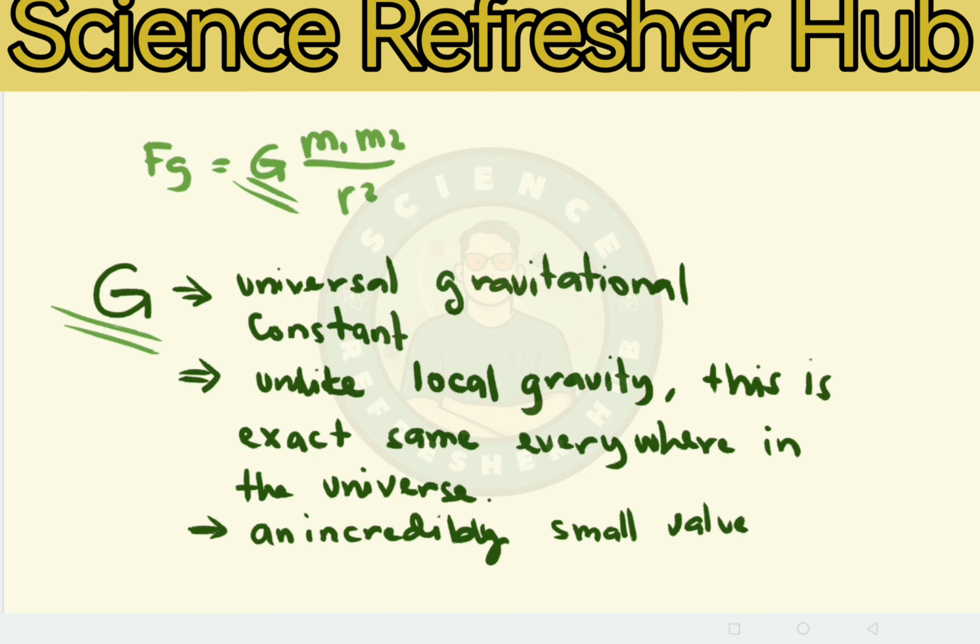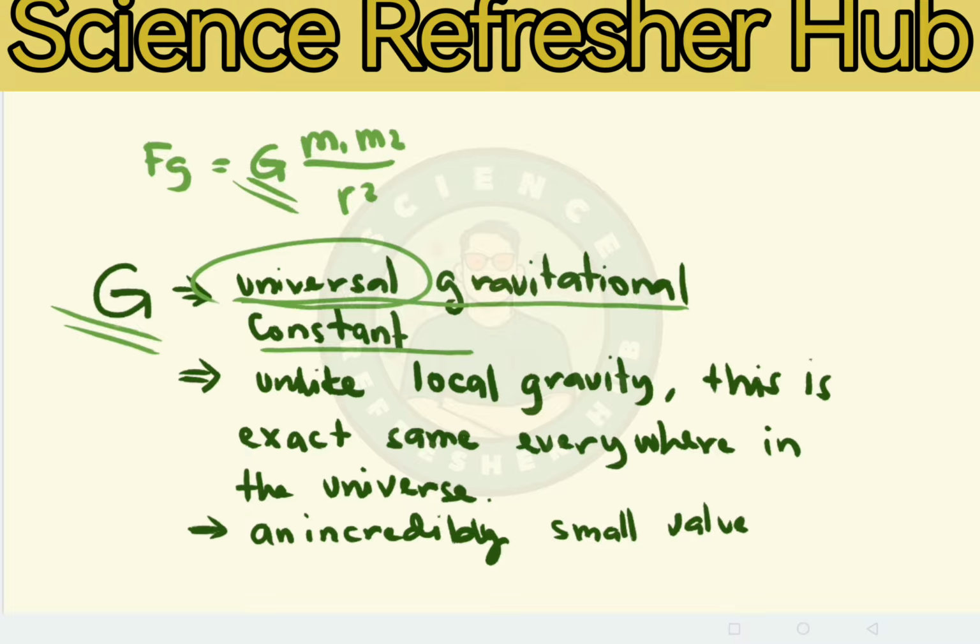What does G mean? The uppercase G represents the universal gravitational constant. From the word itself, universal, it is true anywhere in the universe.